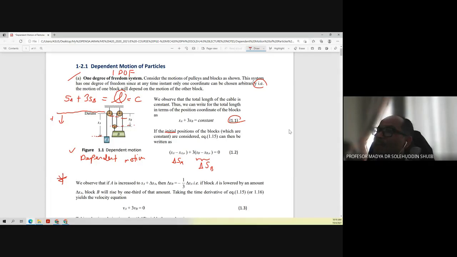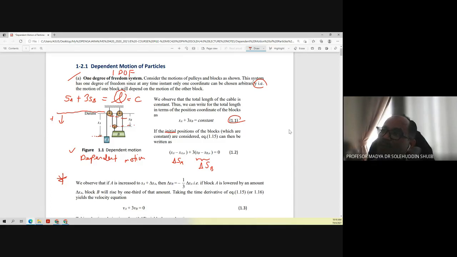What happens if A is increased from SA by a small increment delta SA?